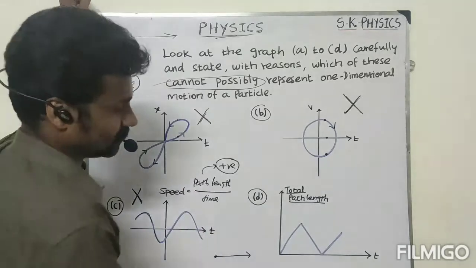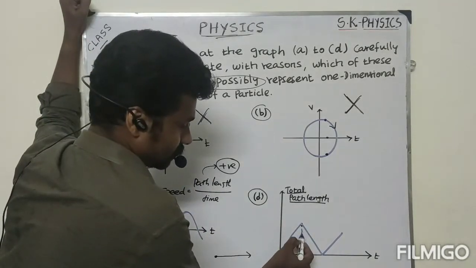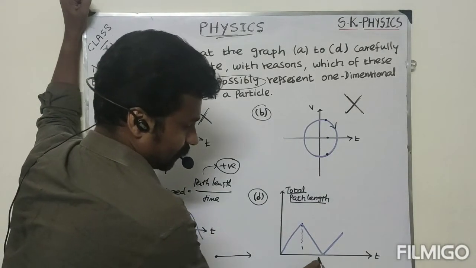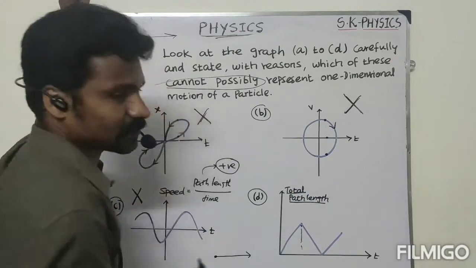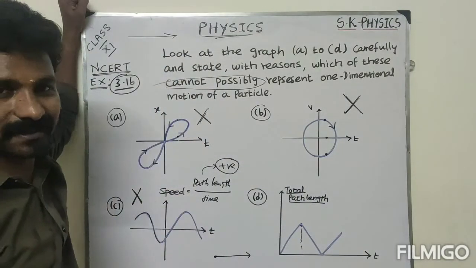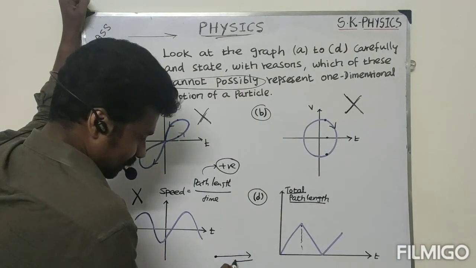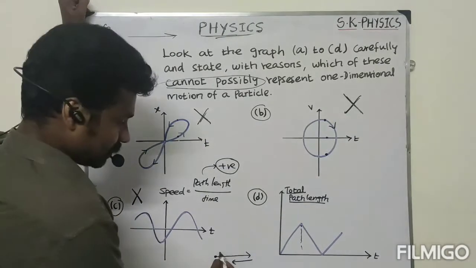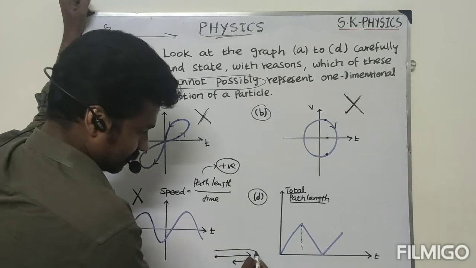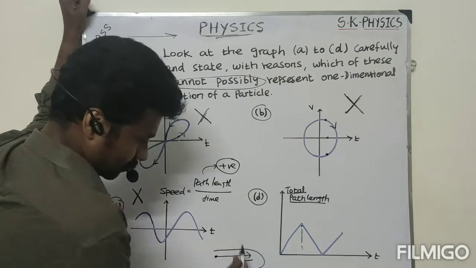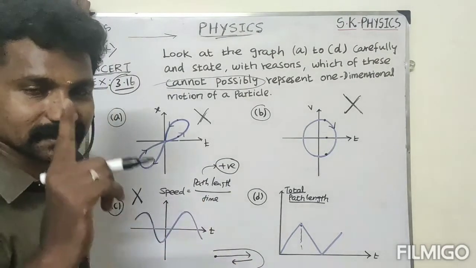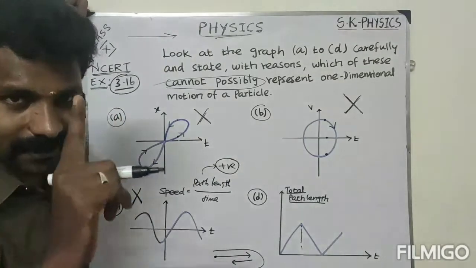After that, up to here, time is increasing, but path length is reducing. How can path length reduce? Even if you move in the reverse direction, you must add both parts. So path length never reduces.